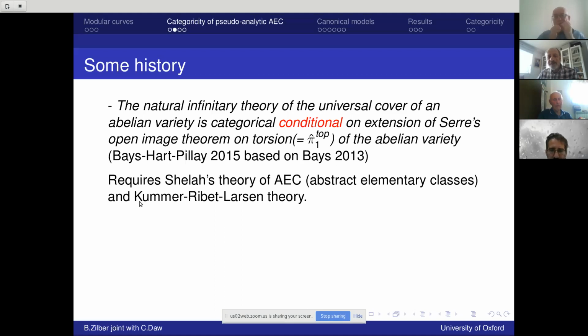The Kummer level theory is known, by Ribet, Kenneth Ribet, and Michael Larsen, but the open image theorem is expected, it is conjectured, but it is not known.